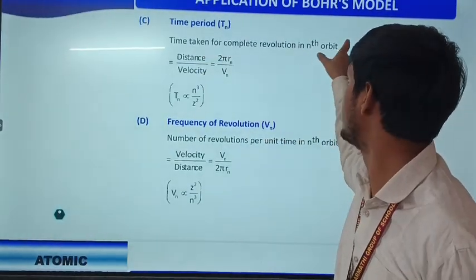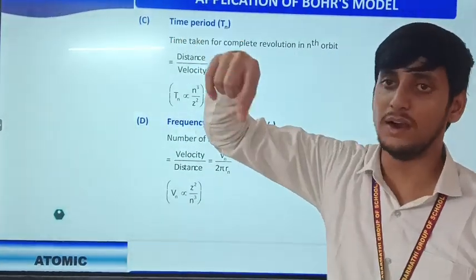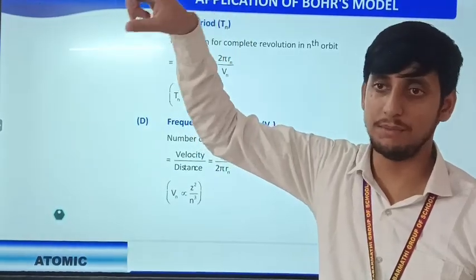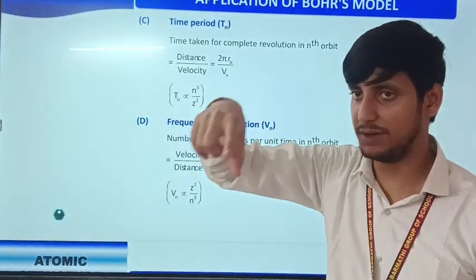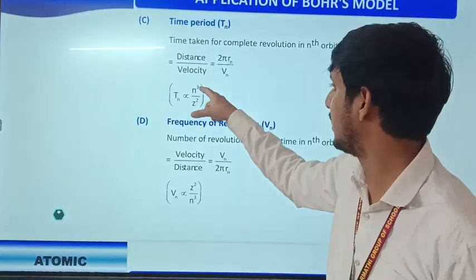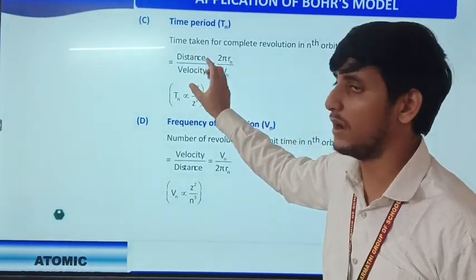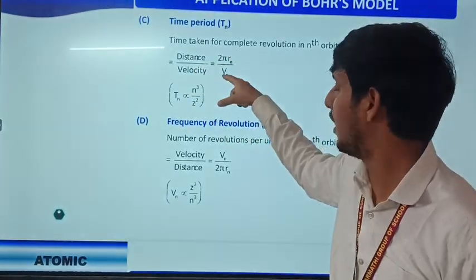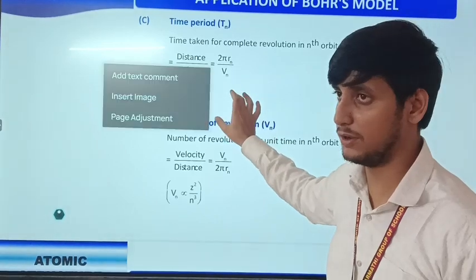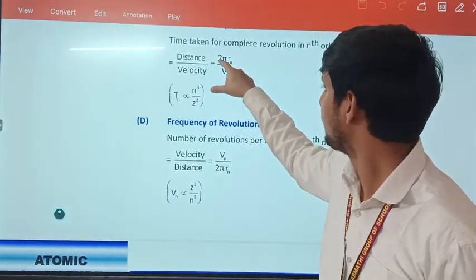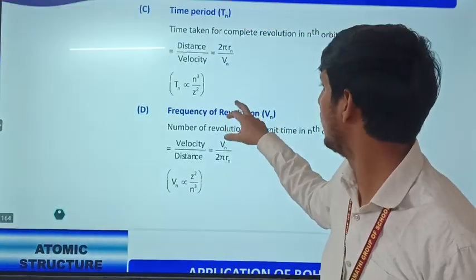Time taken to complete a revolution in the nth orbit, that is the time taken by the electron to complete one revolution. Time period is distance upon velocity, that is 2 pi r upon velocity.